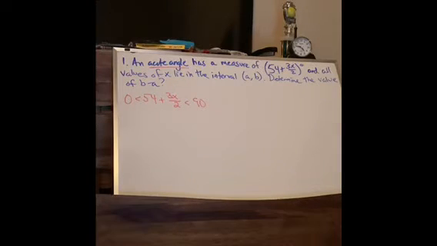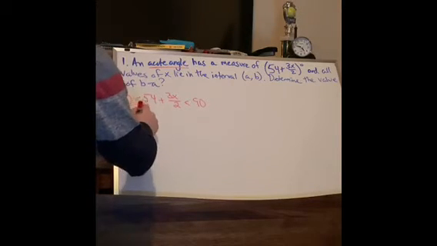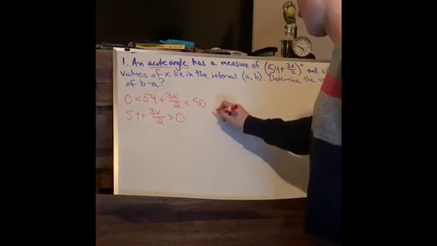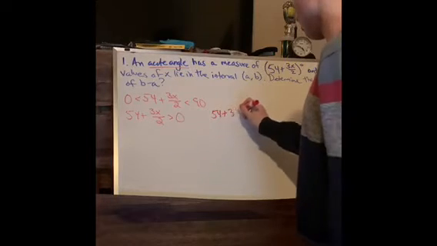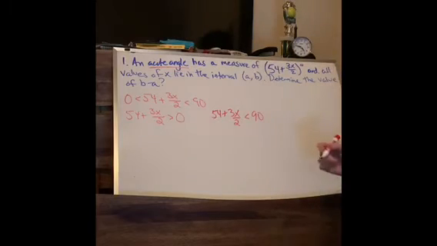If we really want, you can split this up, or if you can deal with compound inequalities, that's fine. I'm going to just treat it as two different inequalities. So 54 plus 3x over 2 is greater than 0, and 54 plus 3x over 2 is less than 90. Cannot be equal to, because then it would be a right angle.